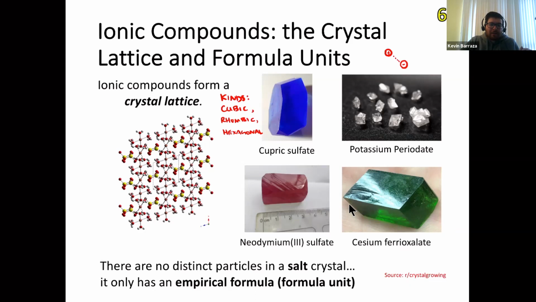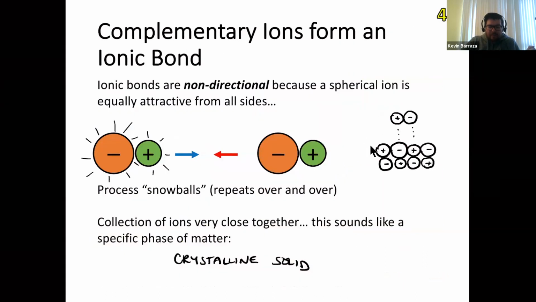Now, one thing to note, and this is something that confuses students a lot, is that ionic compounds actually don't have molecules in them. Remember, each ion attracts neighbors from all directions.